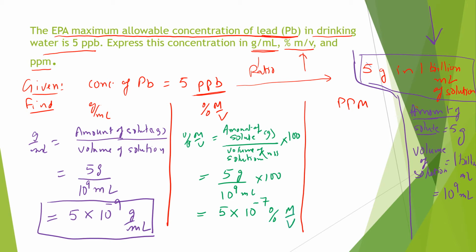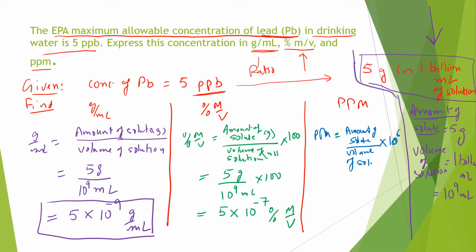mass over V. And finally, the parts per million. So ppm is equal to the amount of solute divided by the volume of solution multiplied by a million, which is 10 to the 6.